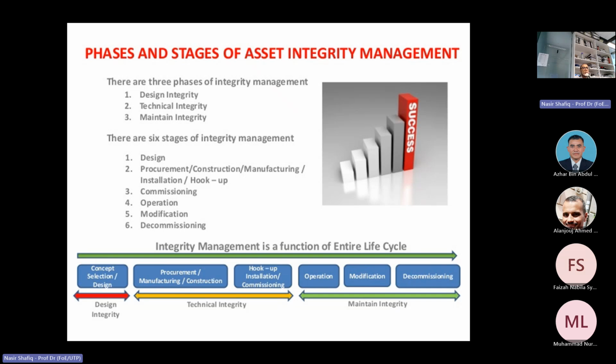Phases and stages of asset integrity management. There are three main phases of integrity. Design integrity, which means we will be looking at the concept, not only structural design but also operational design.